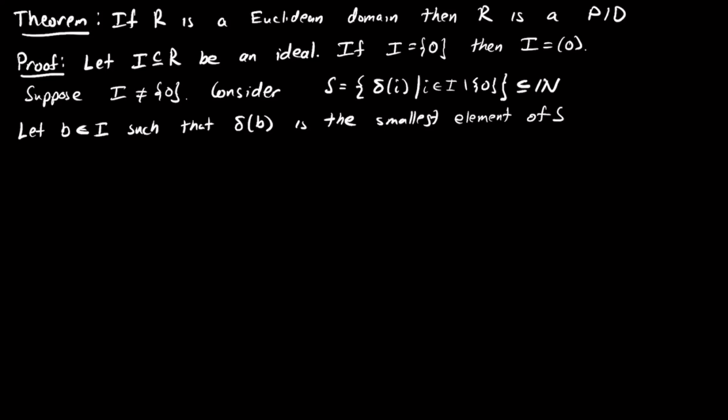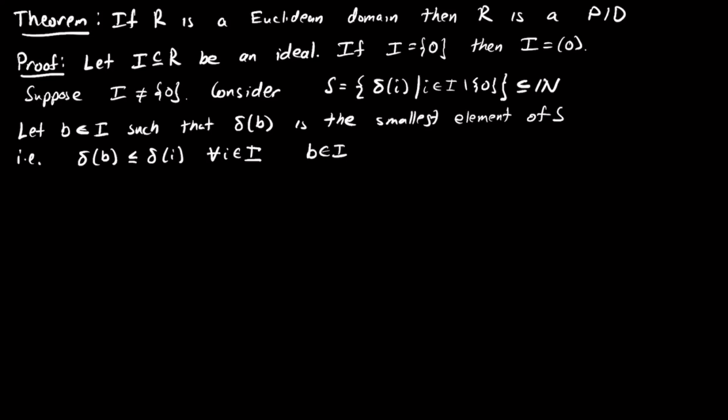And so I'm going to pick one of those b's that gives us the smallest element of S. Okay, so what does that mean? In other words, delta of b is less than or equal to delta of i for all i in my ideal I.